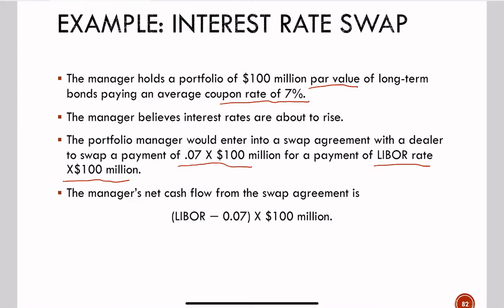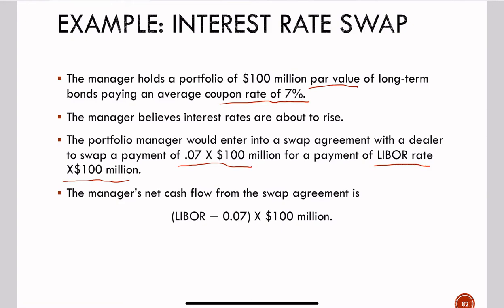So first, it basically says you're an investor in a bond, and this bond has a par value of $100 million. And this bond has a fixed coupon rate of 7%. So essentially, if you hold this bond, then every year you will get this fixed 7% interest payment.